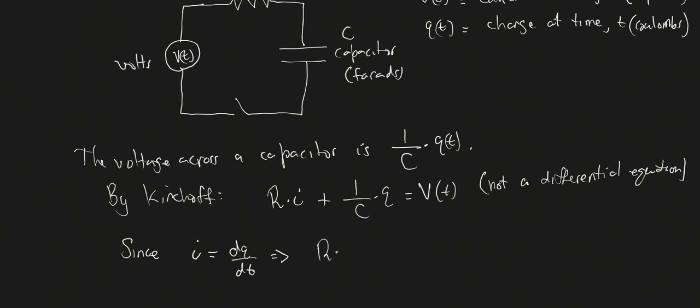So we have R times dQ/dt plus 1 over C times Q is equal to V of T. And now I have a differential equation where the unknown function is the charge. Let me highlight the two key things here.